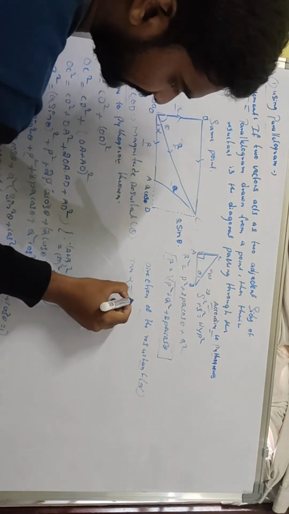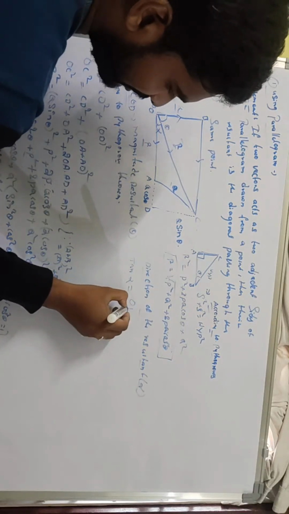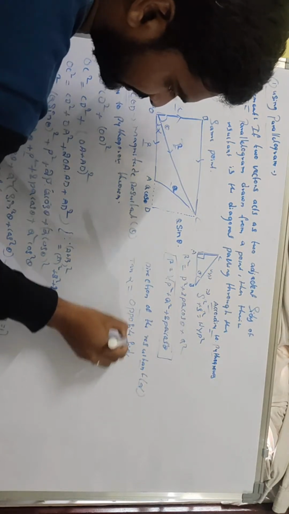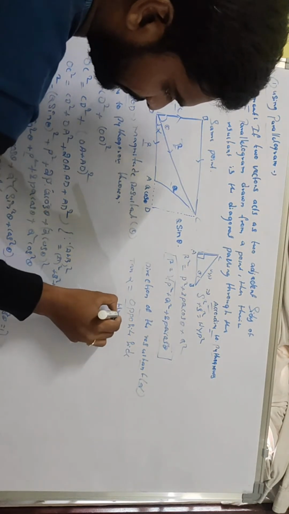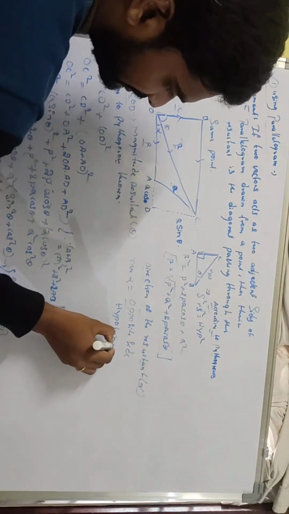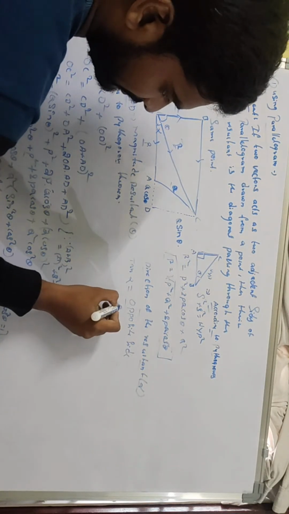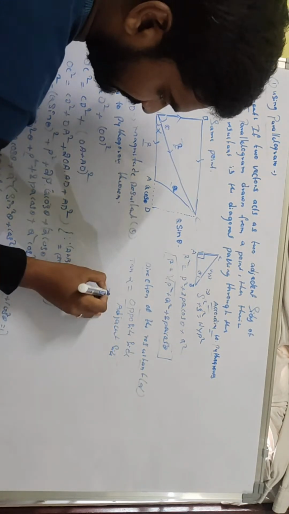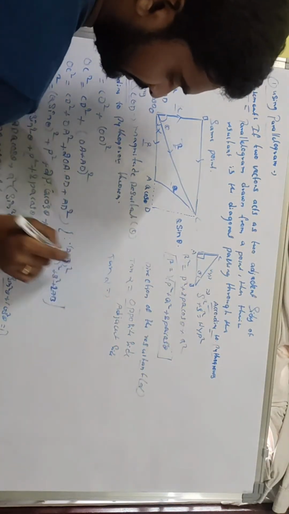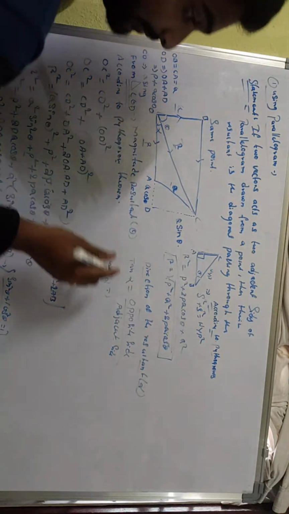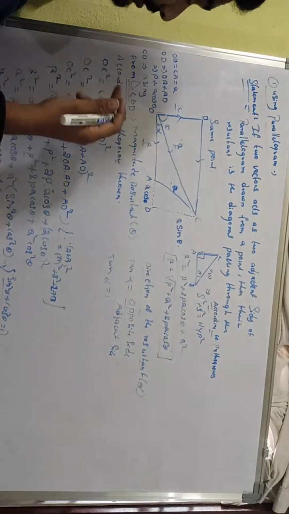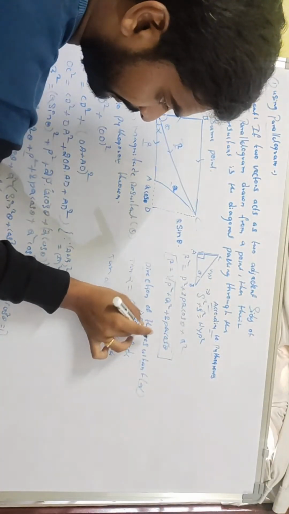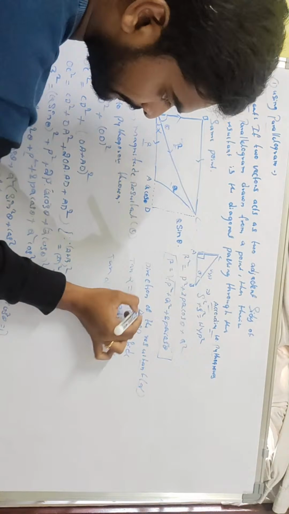So tan alpha is equal to, already we have the formula: opposite side by adjacent side. Also, I forgot to mark the angle in triangle COD.